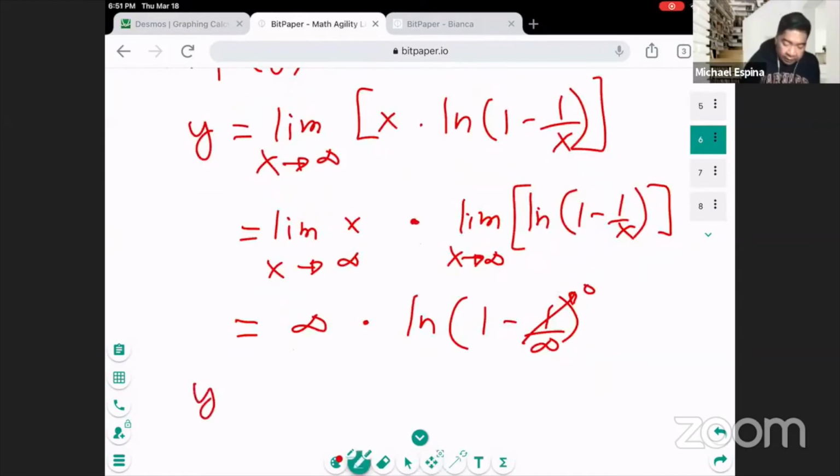So y equals infinity times 0. And again, this is an indeterminate form.